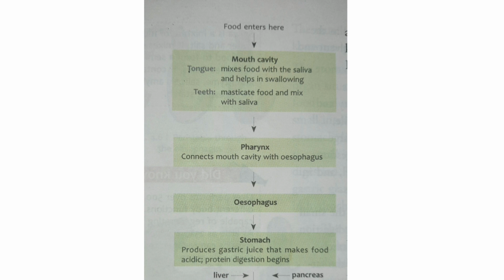After that, you can see the next arrow towards the pharynx. The pharynx is the part that connects the mouth cavity and the esophagus. After swallowing, the food passes through those organs.